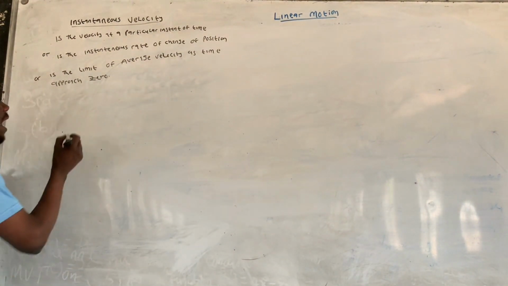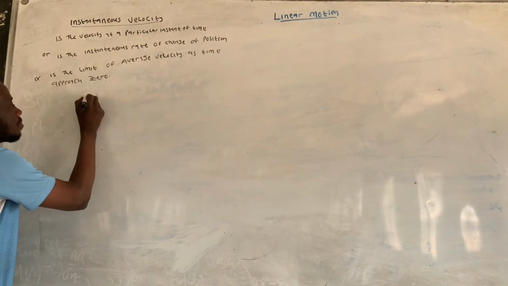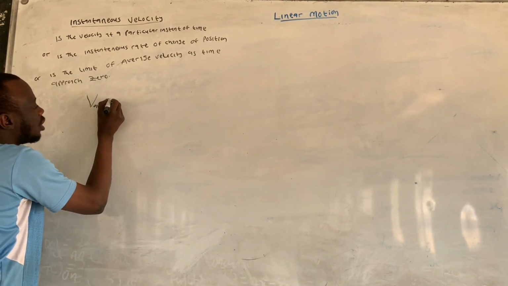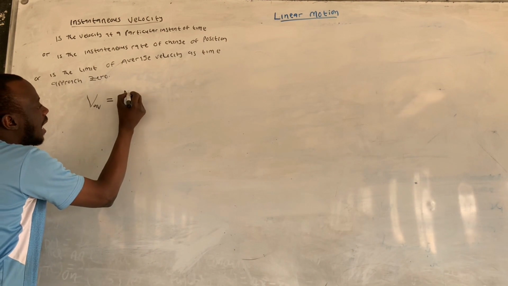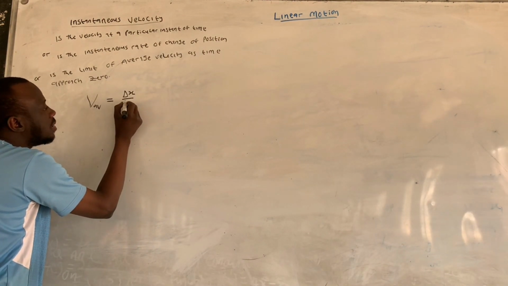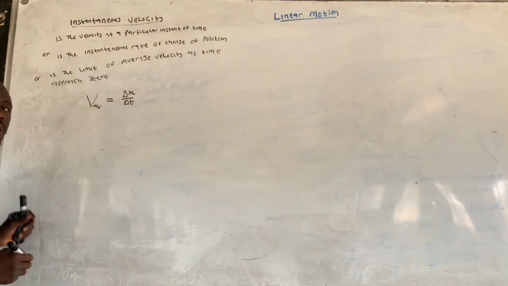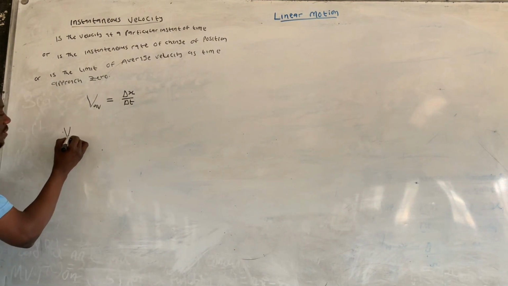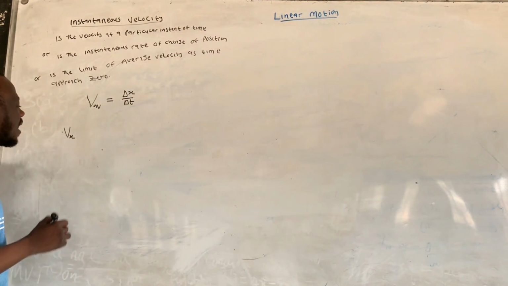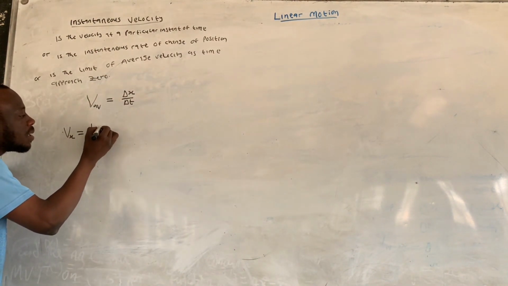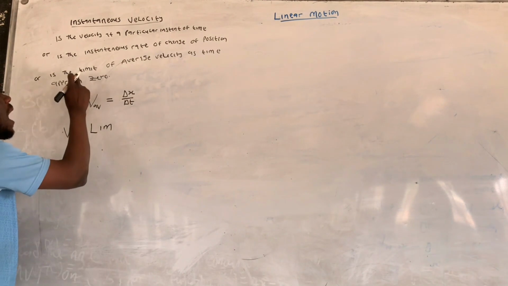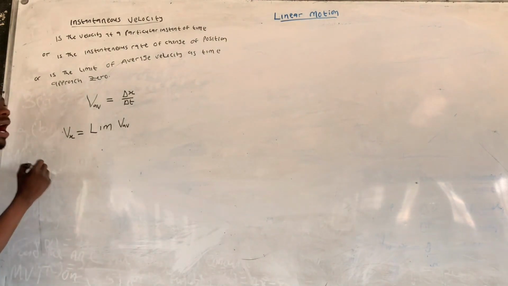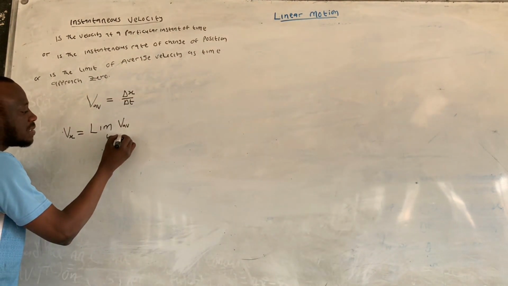Now, remember that average velocity, v bar, is equivalent to delta x over delta t, while instantaneous velocity Vx is the limit of average velocity, V average, as t approaches 0.